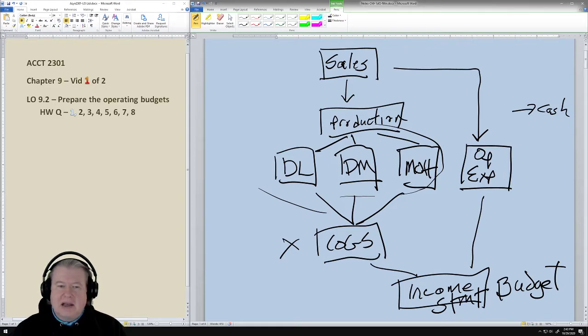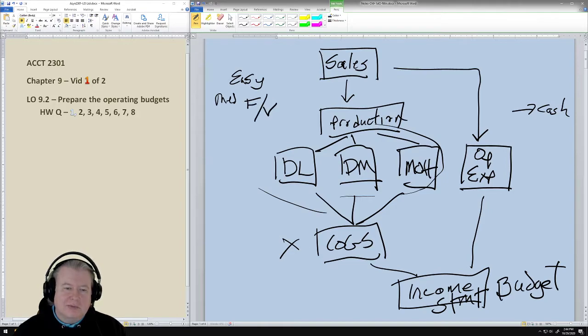And I guess I should point out that there's kind of an easy one where it's just a multiplication type budget. There is I'd say a medium one where you have a fixed portion and you have a variable portion. And then I'm going to say a little harder, there's going to be some of these budgets that deal with inventory.